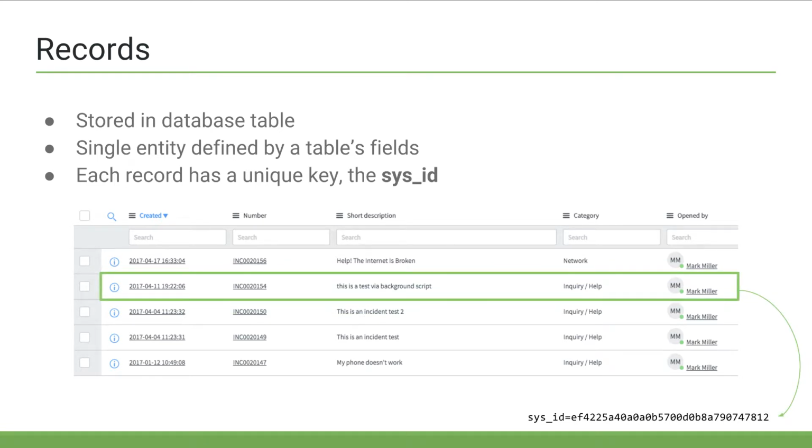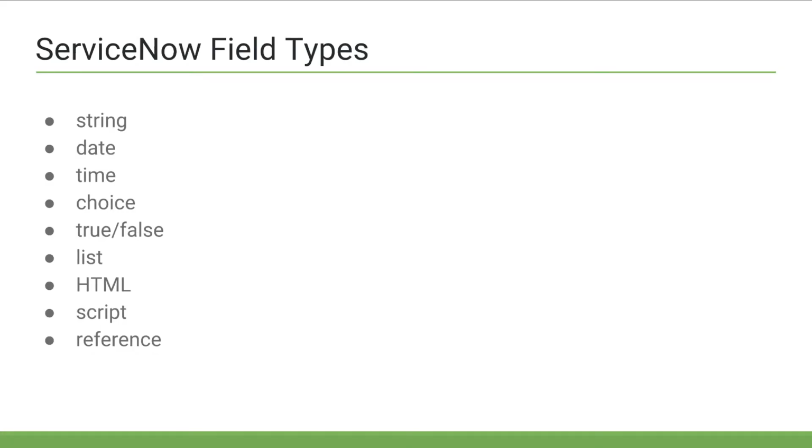So if you wanted to reference this INC0020154 incident record, you could do so in a script by referencing the sysID, which is this EF4225A, etc. hexadecimal string.